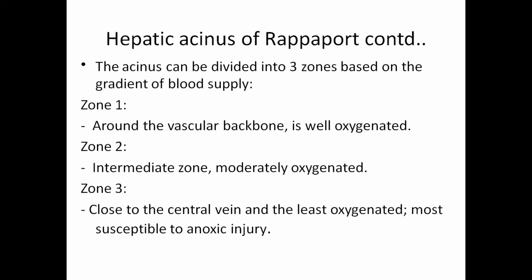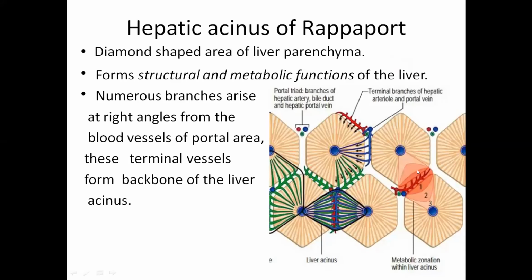So this liver acinus can be divided into 3 zones based on the gradient of their blood supply. As in this diagram, you can note this is the liver acinus having 3 zones, zone 1, zone 2 and zone 3, based on the gradient of their blood supply. Zone 1 contains the blood vessels which arise at right angles. This area is rich in blood supply.